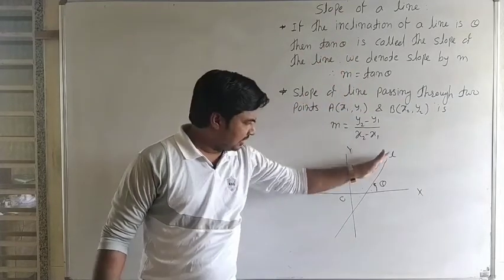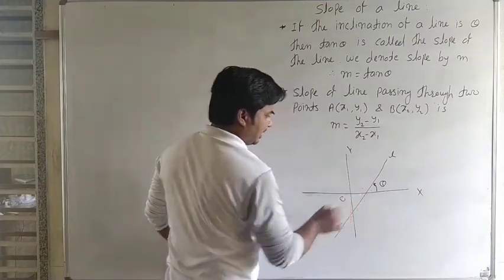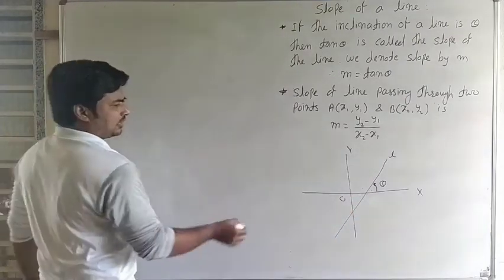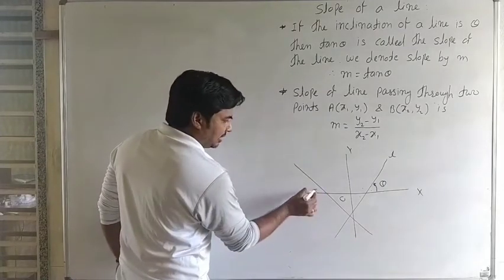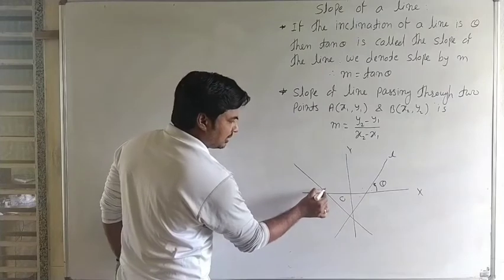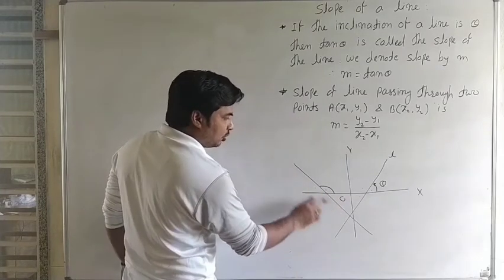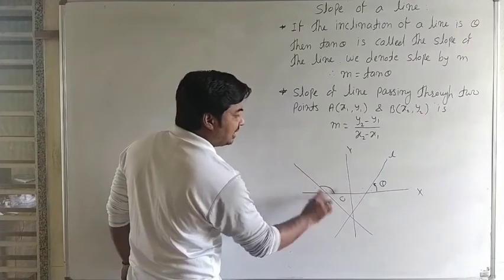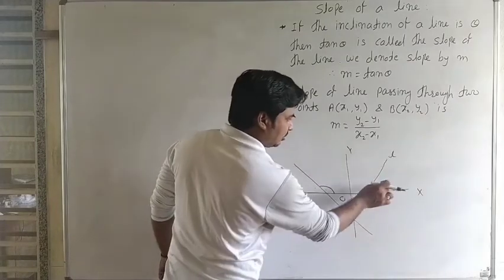Now take a straight line intersecting the x-axis here. In the positive direction we take this line, and there are two angles: one with the negative x-axis and one with the positive x-axis. We find the slope of the line using the angle theta, which is the inclination of this line.